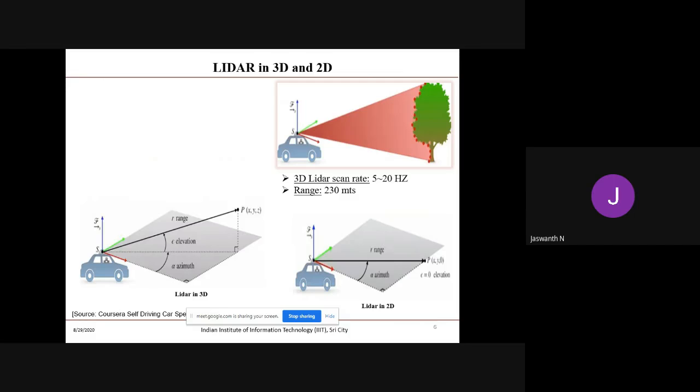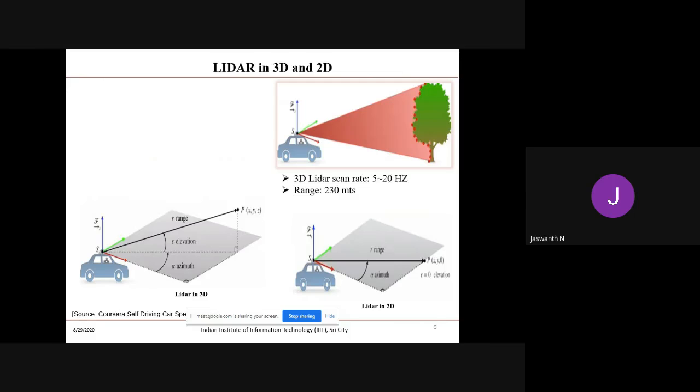Basically, the 3D LiDAR sensor reports the range, azimuth angle, and the elevation angle along with the returned intensities. It means that LiDAR measures the position of the points in three dimensions using spherical coordinates. The range is the radial distance from the center to the 3D point, whereas the elevation angle is measured up from the sensor's XY plane, and the azimuth angle is measured counterclockwise from the sensor's x-axis.